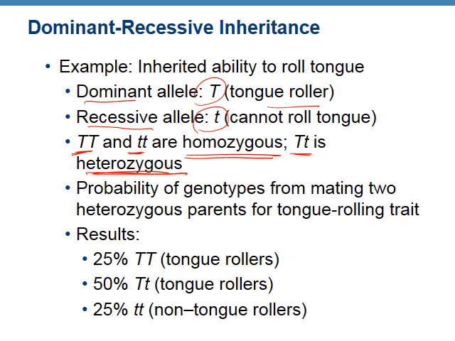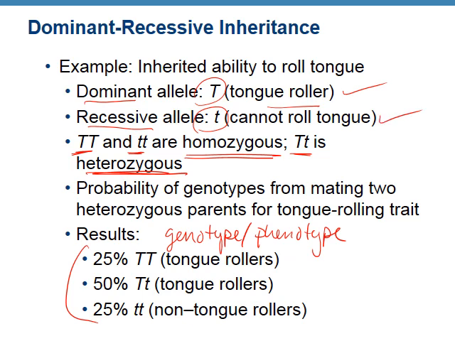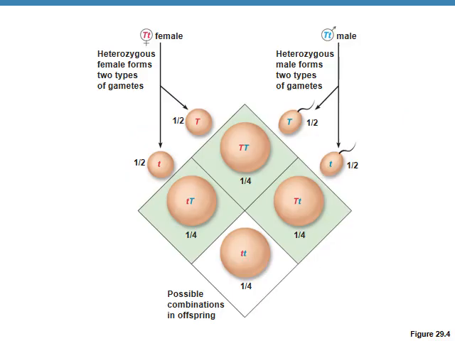So let's go to the next slide and look at how we came up with these different genotype and phenotype ratios. Basically, we're doing what's our best guess, right? What are the chances that your offspring is going to be a tongue roller versus the chances that your offspring cannot roll their tongue? So here's the Punnett square. This female is hetero for the 2 types.